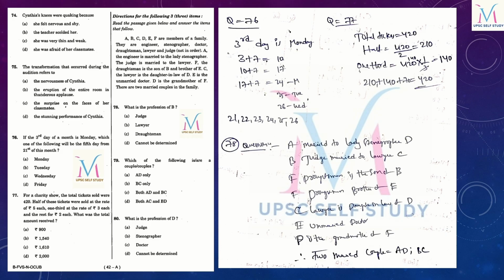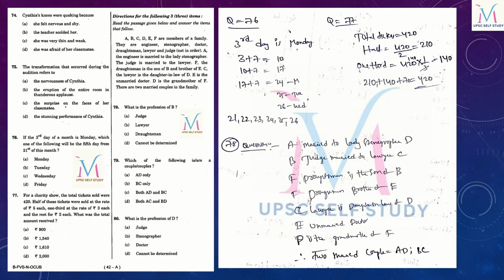Okay, here there is a charity show going on, and there were 420 tickets. Half of the tickets were sold at rupees 5, one third of the tickets were sold at rupees 3, and the rest of the tickets were sold for rupees 2.